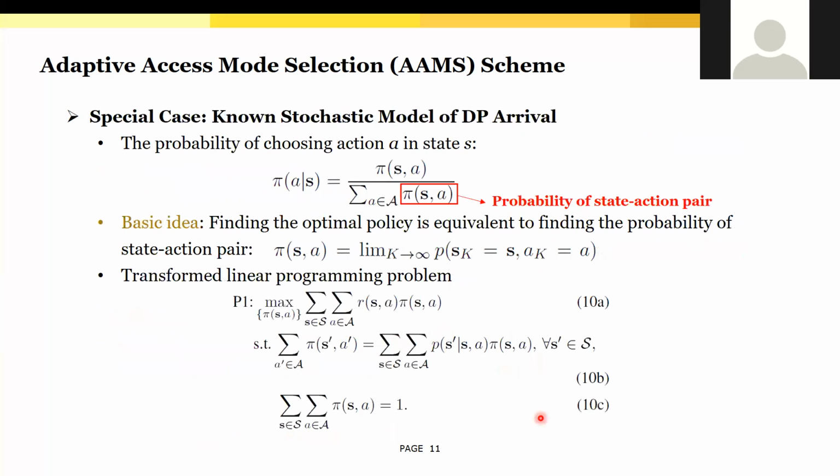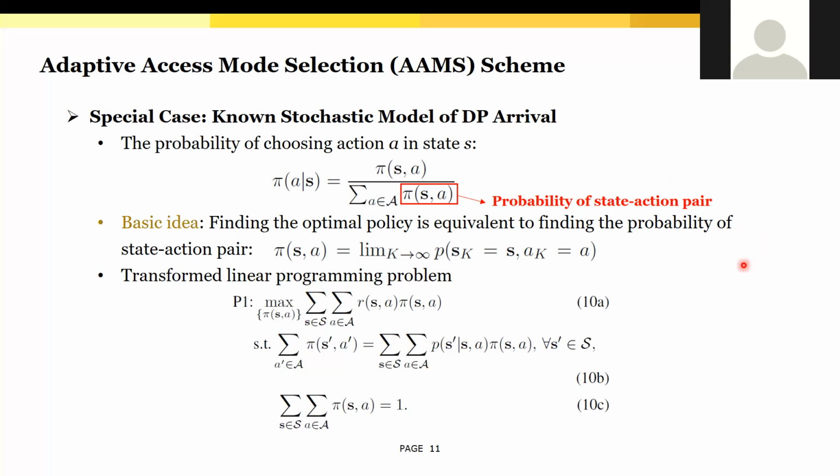For an ergodic and stationary MDP, the probability of choosing an action in a state S can be represented by the probability of the state action pair in this equation. So in this special case, we can solve this problem as follows. The basic idea is that finding the optimal policy is equivalent to finding the probability of the state action pair. Since the stochastic model of DP arrival is known, we can calculate the state transition probability.